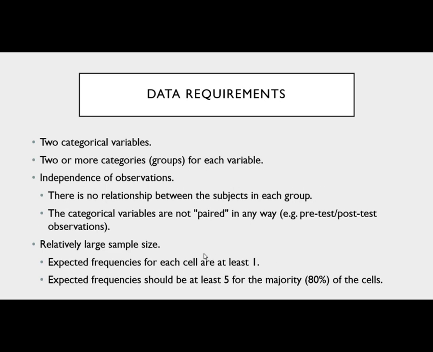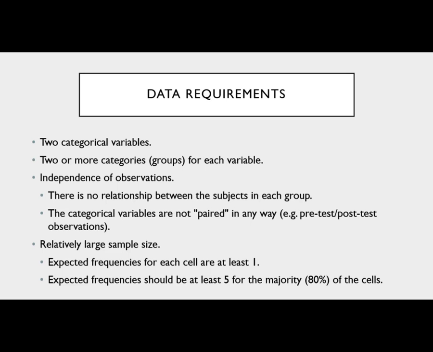Okay, so what have I said so far? We've done a goodness of fit test, which compares one group to some sort of hypothesized proportions. Now we're looking at two sets of categorical variables, so gender and political party, right? Like that table I showed you earlier.